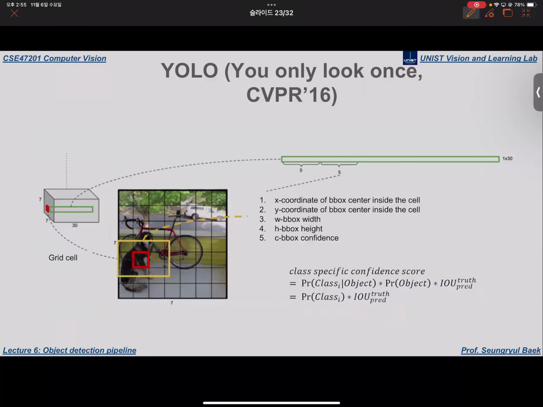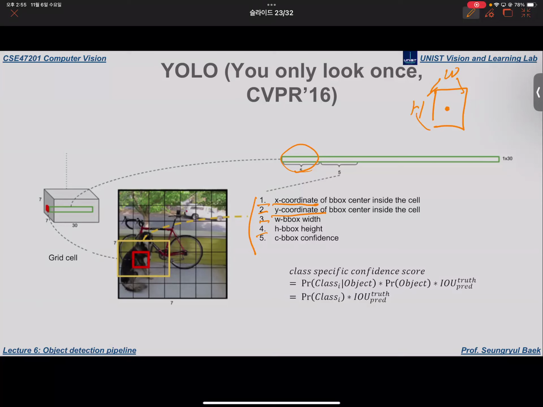And I will explain why the bounding box information is composed of a 5-dimensional vector here. When defining one bounding box, you have to specify its center point, the center's XY coordinate. For that, we reserve 2 dimensions. For the remaining 2, we contain the width and height of the bounding box.